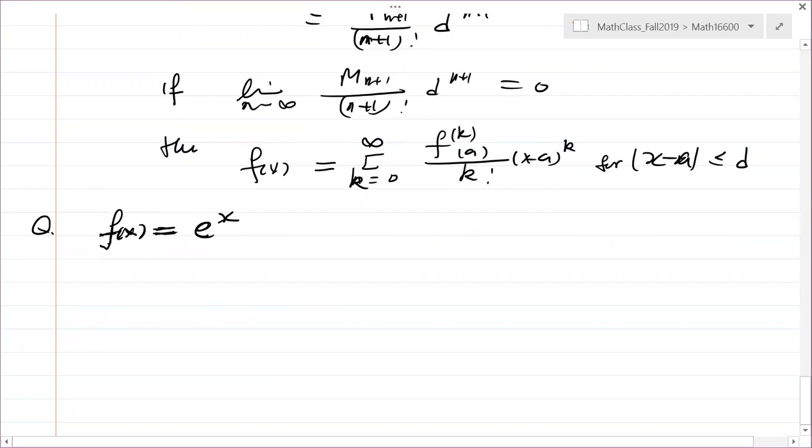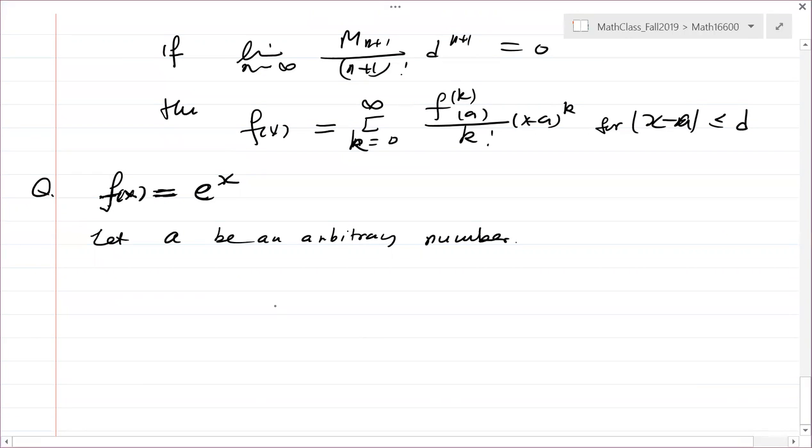Find, if it exists, the power series representation of this function at a, and then also determine over which interval they're equal, right? So let a be an arbitrary point. So first of all, let me find its candidate, if it can be expressed as a power series.